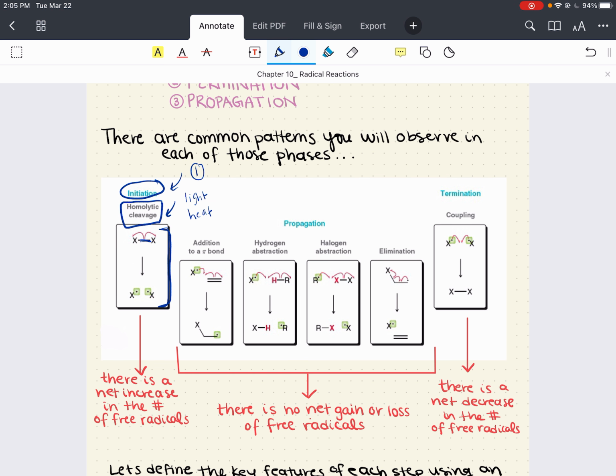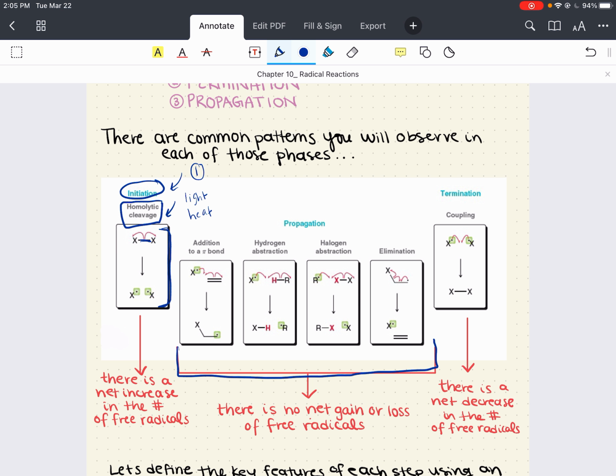Fantastic. The second phase of radical mechanisms is propagation. In this step, there's no net gain or loss of free radicals. The common patterns you're going to see in this phase are 1 of 4.